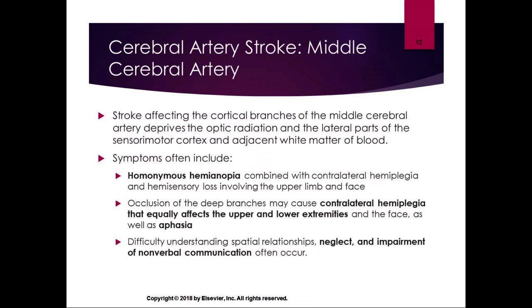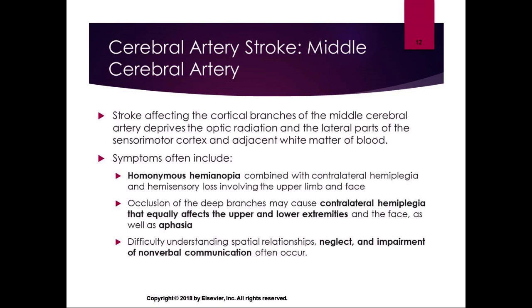For middle cerebral artery, these are what we sort of think of as the classic stroke symptoms because 69% of ischemic strokes are middle cerebral artery. So it often gets the sensory motor cortex and the adjacent white matter. So homonymous hemianopia, that's where you lose one side of each eye, combined with contralateral hemiplegia and hemisensory loss involving the upper limb and face.